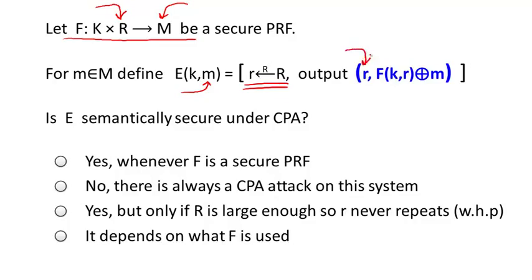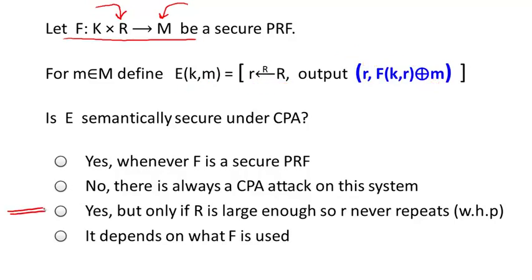The first component is going to be this value r, and the second component is going to be an evaluation of the pseudo-random function at the point r, XORed with the message M. And my question to you is, is this encryption system semantically secure under a chosen plaintext attack?